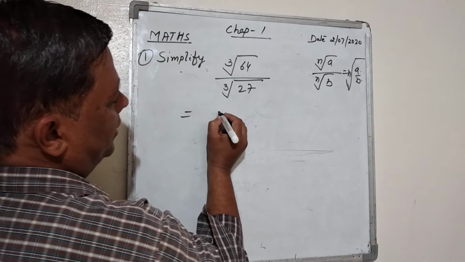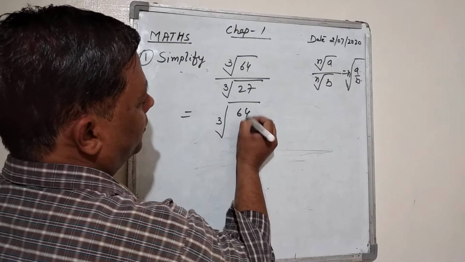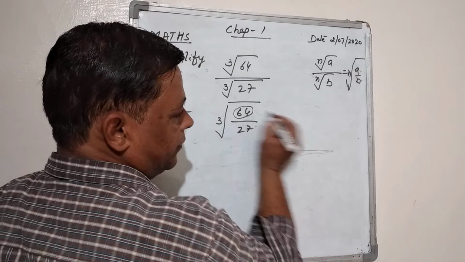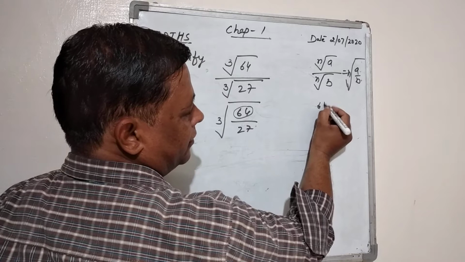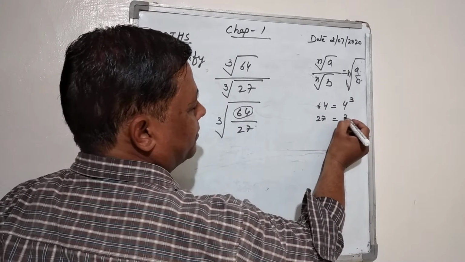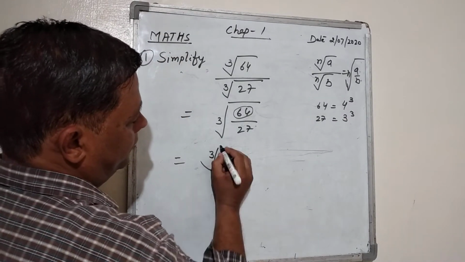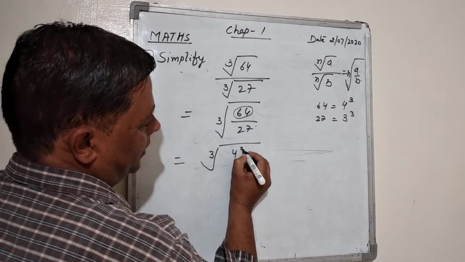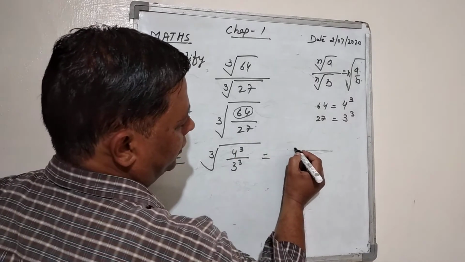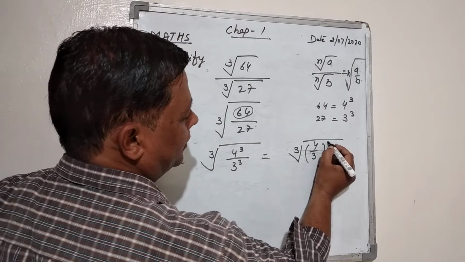So here also the cube root of 64 upon 27. Now you find out the cube root of 64. 64 will be 4 power 3 and 27 is 3 power 3. So we have cube root of 4 power 3 upon 3 power 3. We write the common exponents, so cube root of 4 upon 3 whole power 3.